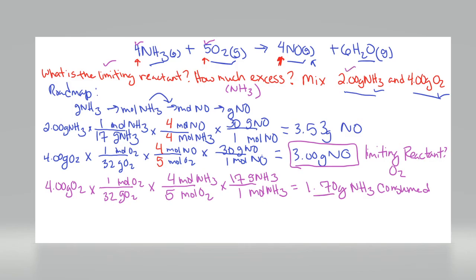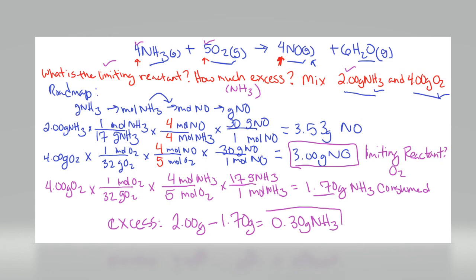So the excess is 2.00 grams minus what was consumed. So you're left with 0.30 grams of NH3. That is the answer to the second question, right?